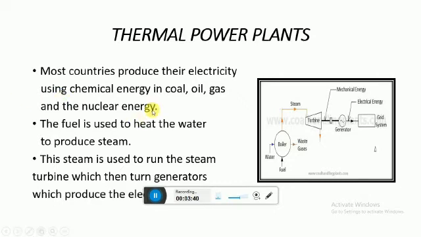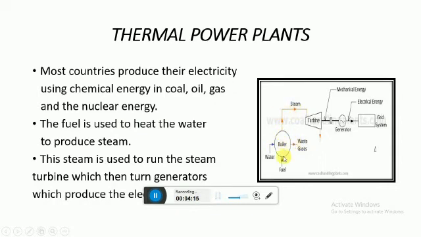When I told you in the previous lecture about using coal to make tikkas for our tikka party, that coal produced heat. So the fuel we use produces heat, and that heat converts water into steam.